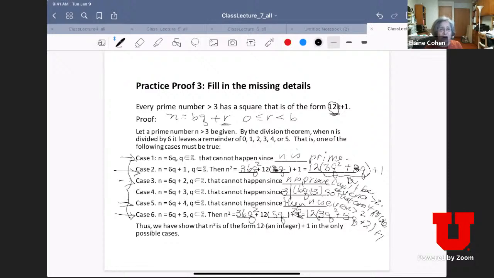How am I going to get 12s out of that? So you can work your way up to needing a 6, so that when you do the square, you end up with something in terms of 12k plus something else, where that's smaller, okay?